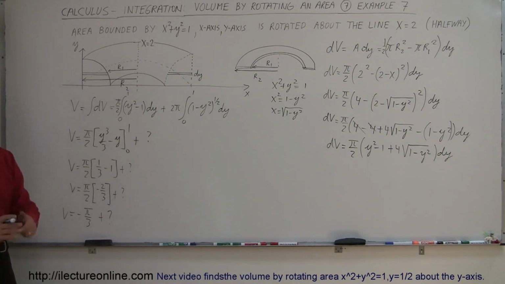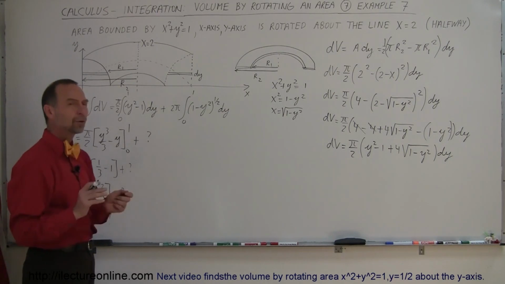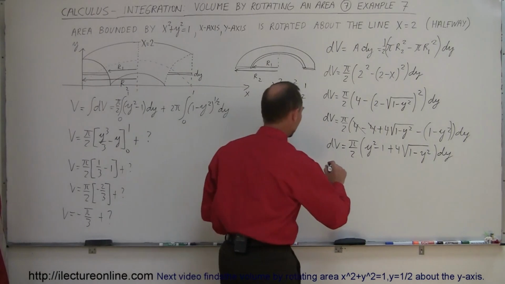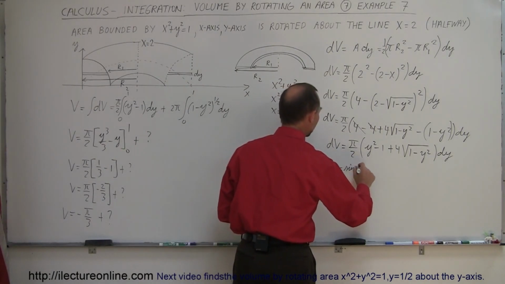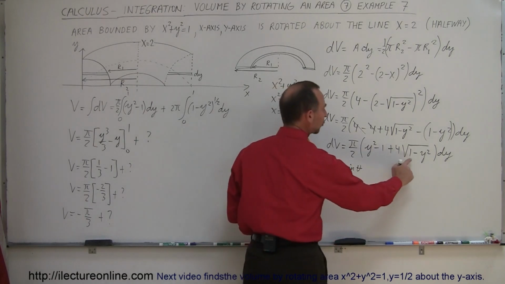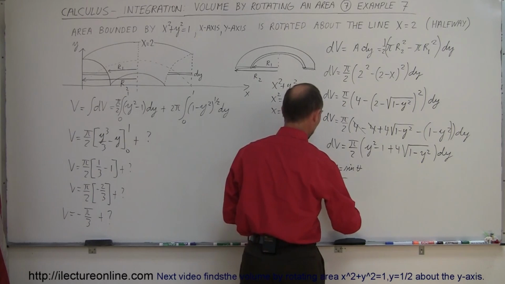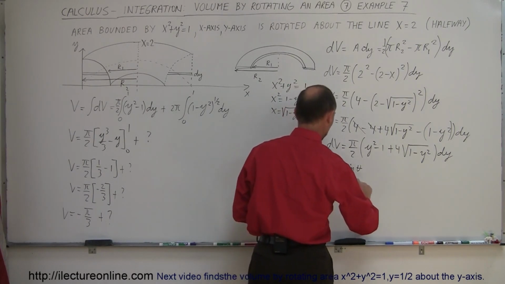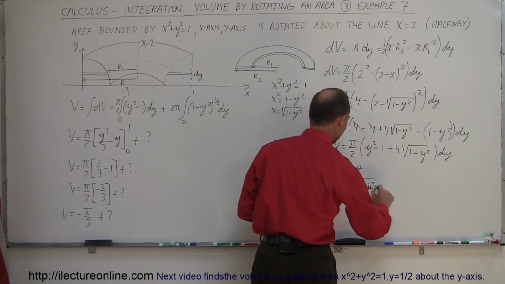Now, what about that part? How do we integrate that? Well, the best thing to do there is some sort of substitution. So what we're going to do here is substitute sine of theta for y and see if that works. So let y equal sine of theta, which means the square root of 1 minus y squared becomes the square root of 1 minus sine squared of theta.